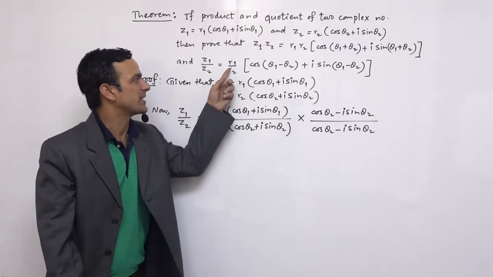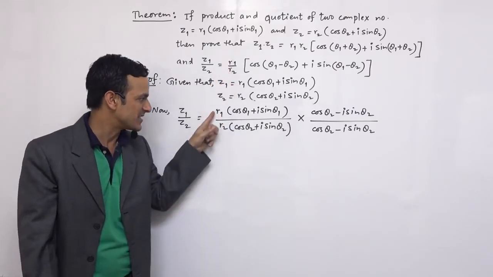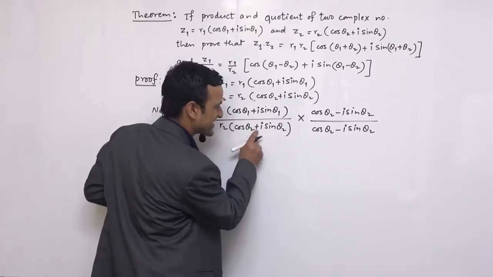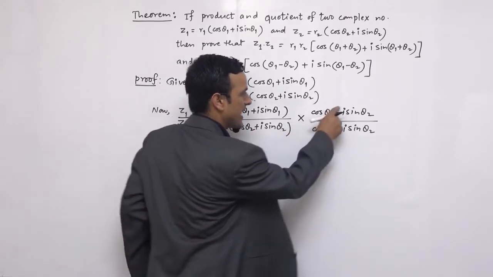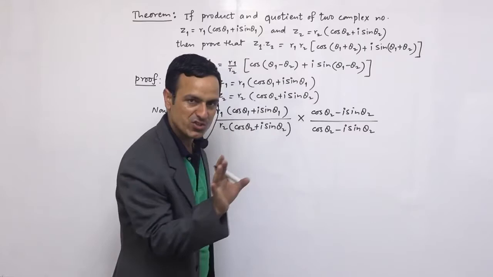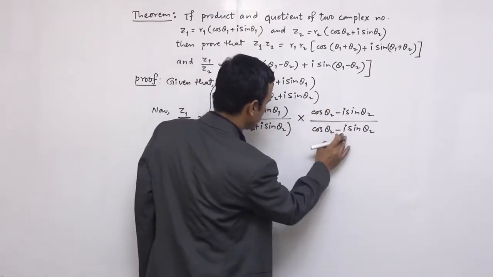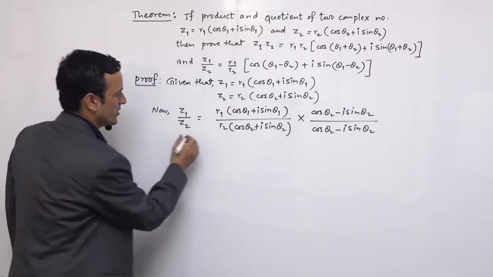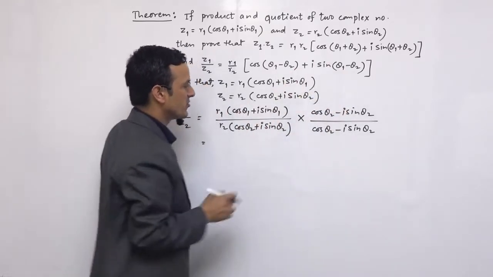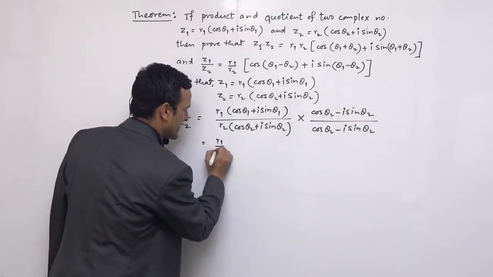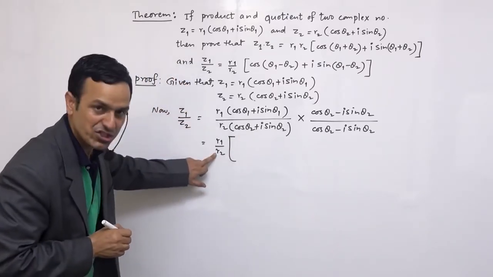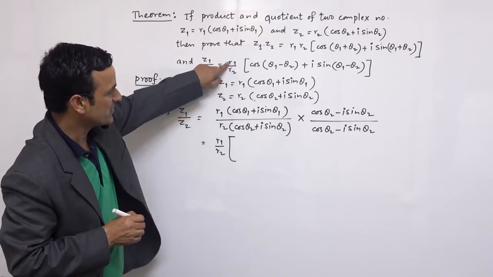R1 by R2 is already obtained here, but we are rationalizing the denominator, multiplying with the minus of the plus. It is the same angle. So if you rationalize the denominator, then it will be R1 divided by R2. So it is separated, which is our result.